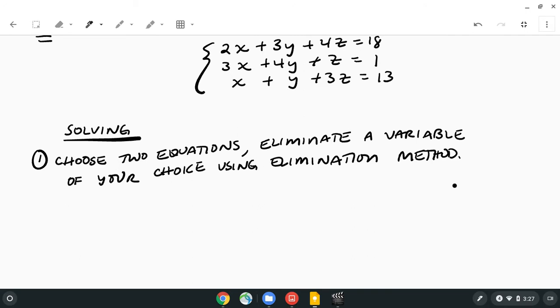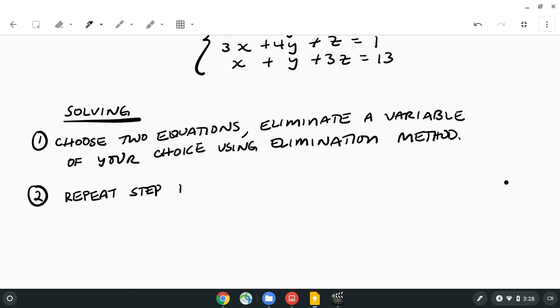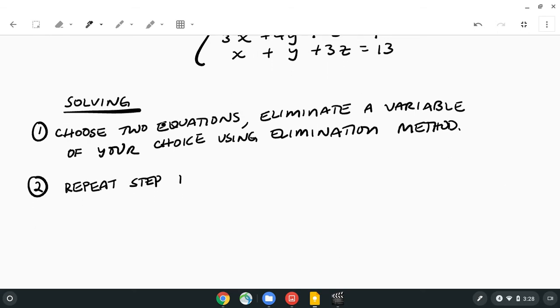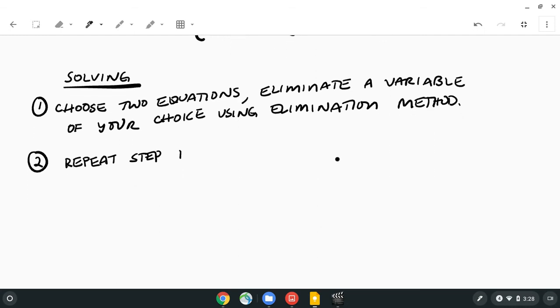So step 2, repeat step 1, but you're going to use two other equations. Let's say in step 1 you chose these two. Well, then in step 2 you repeat that, but you choose two other ones. So maybe I choose these two instead. Which ones you choose doesn't matter, so long as the first round you pick two, and the second round you pick a different two.